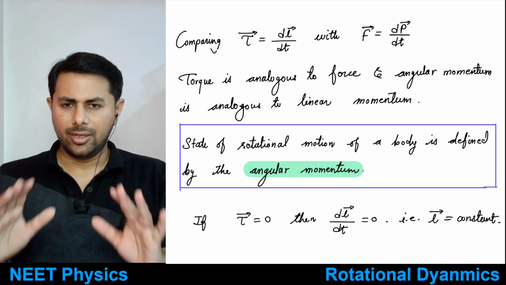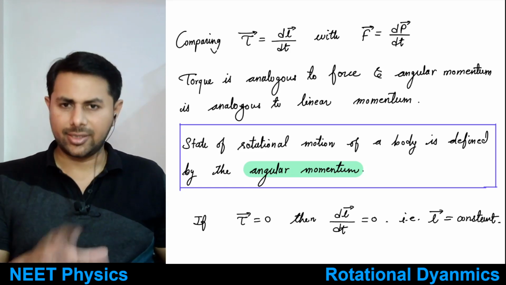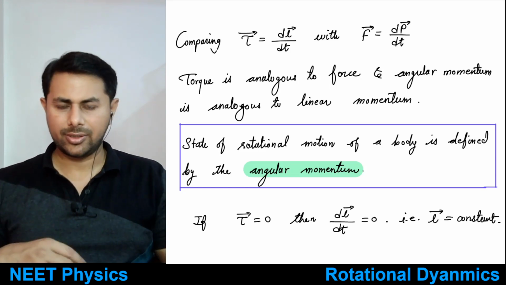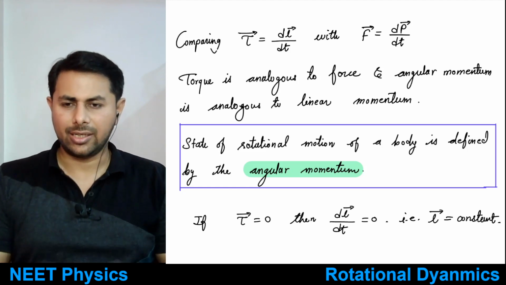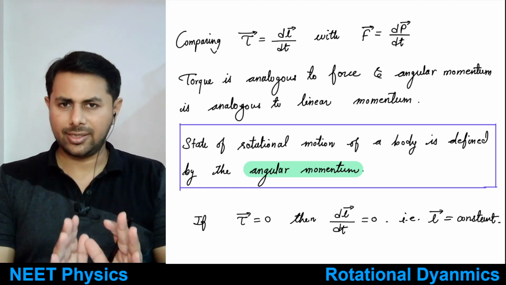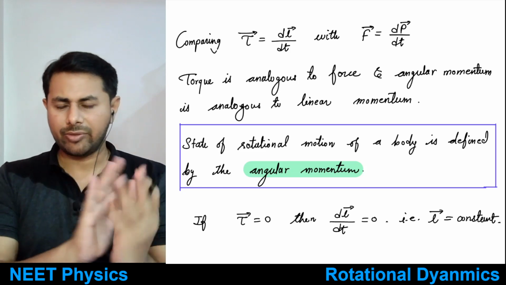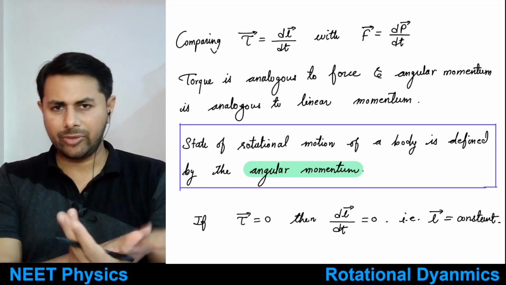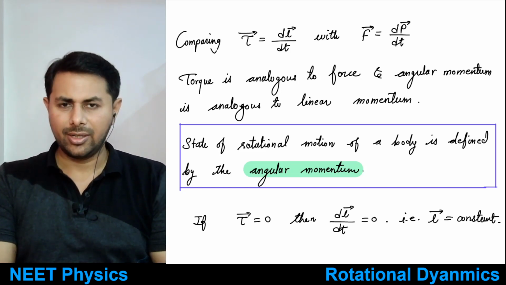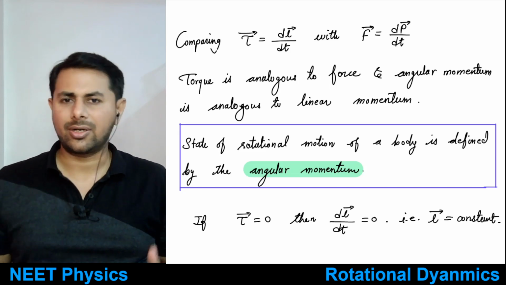I will state it in a different way. I am not relating it right now, I am just stating it: if a body is at rest, it will remain at rest. If a body is moving with constant angular speed, it will keep on moving with the constant angular speed if there is no external torque acting on the body.